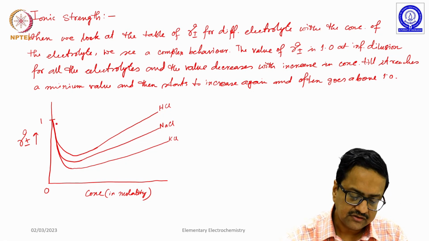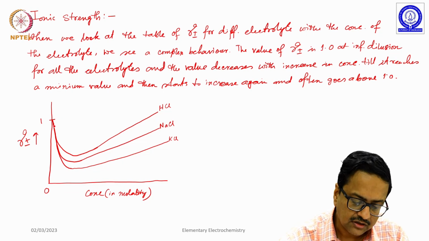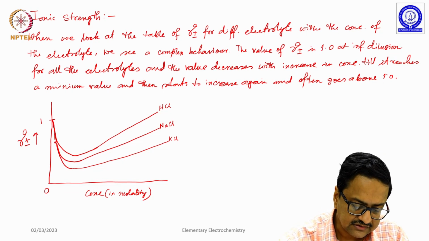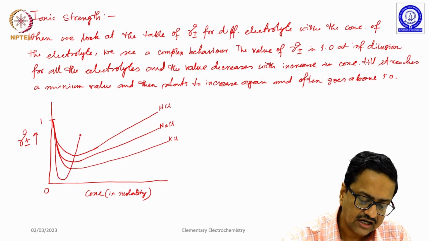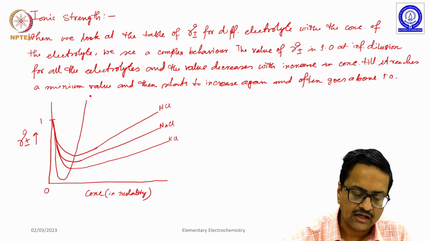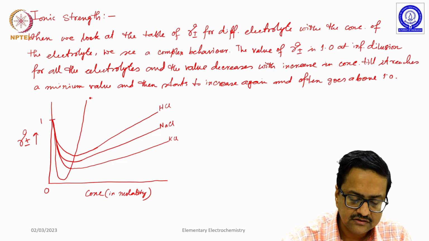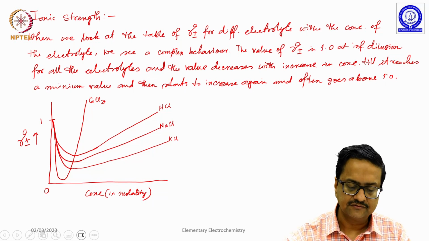And we see a peculiar behavior for calcium chloride, which goes further down and increases sharply and goes high above 1 even at a very low concentration.